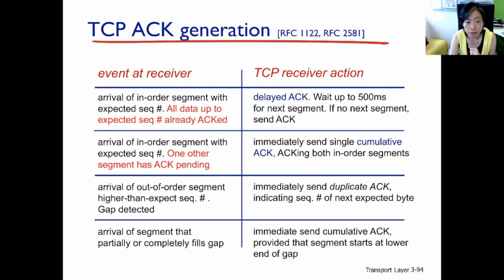So if all data up to the expected sequence number have already been ACKed, we delay sending this ACK. That is, wait for the next segment. When the next segment arrives, then we send the ACK. Otherwise, let's just wait for 500 milliseconds. When this 500 millisecond timer expires, we have no choice but to send the ACK for this data.